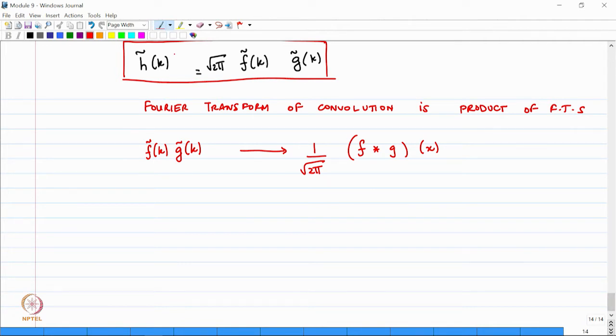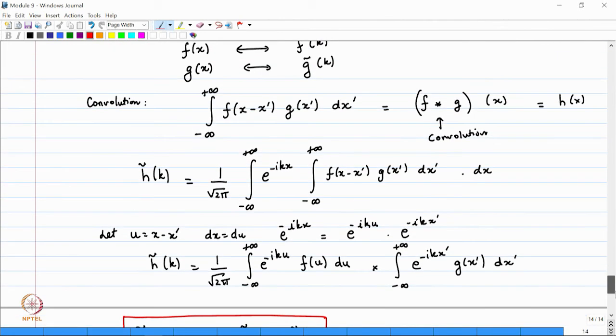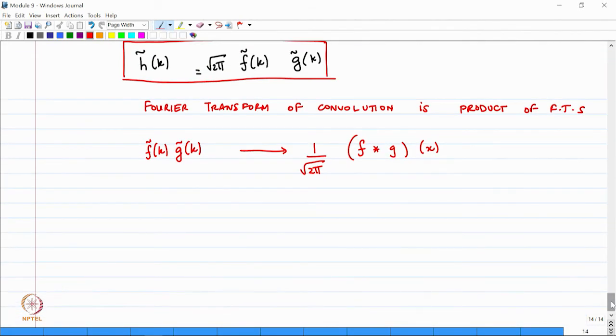These are the same relation, but taking these convolutions is something that you will get used to when you are dealing with Fourier transforms. Again, let us emphasize the definition of convolution. f star g of x is equal to integral minus infinity to plus infinity f of x minus x prime g of x prime dx prime. This is the definition of the convolution, and it plays an important role in Fourier transforms.